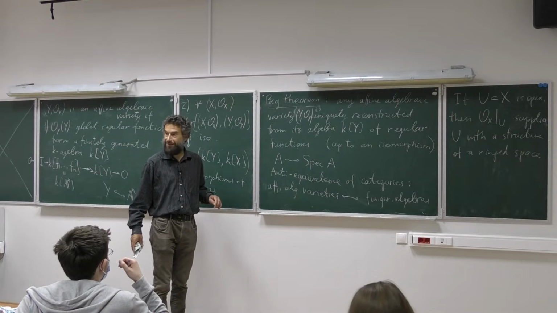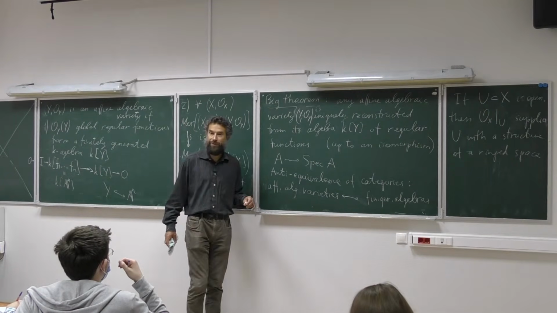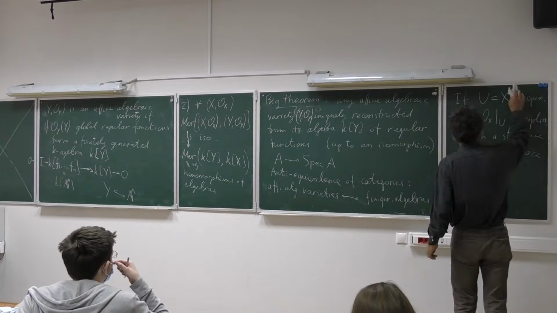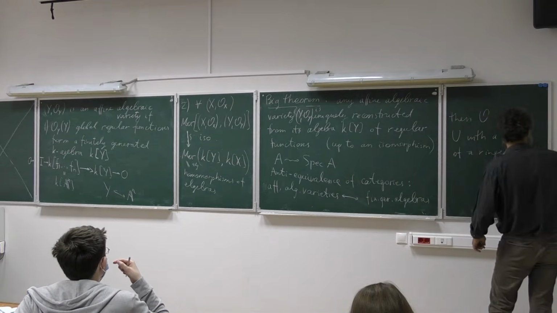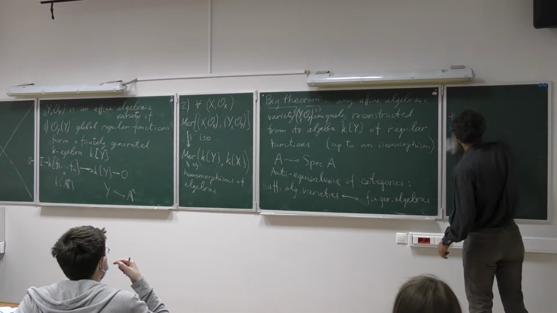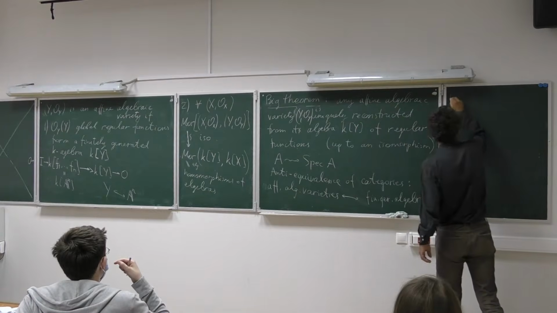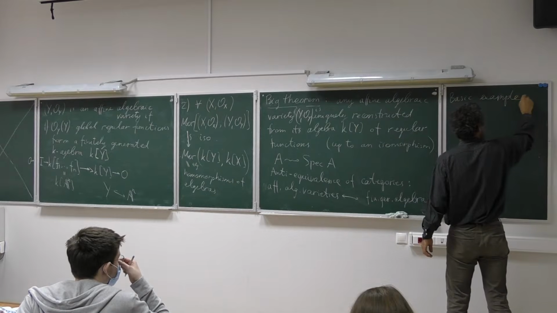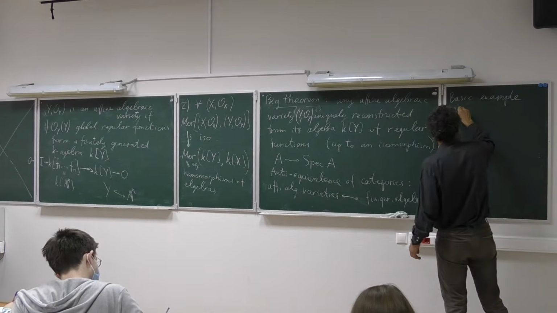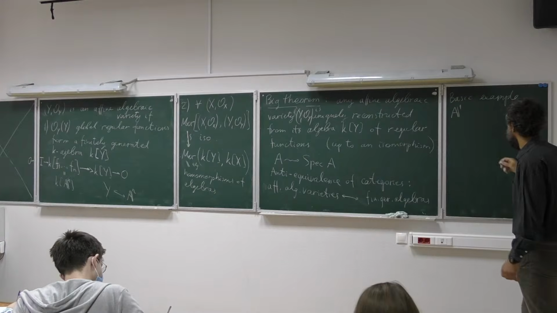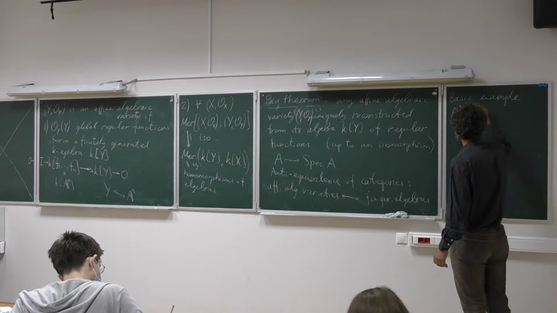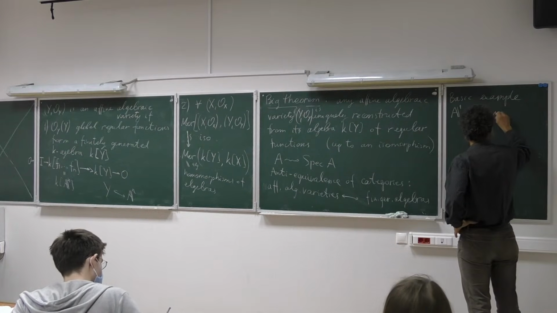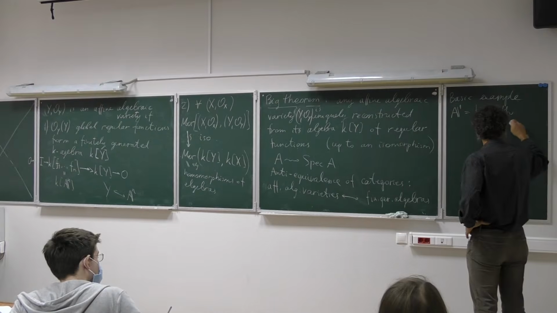So let's start with something, namely just with the affine line. This will be our first basic example of an affine algebraic variety. A1. So as a set, it is just our field, and now we need to specify some topology, and this is called the Zariski topology.